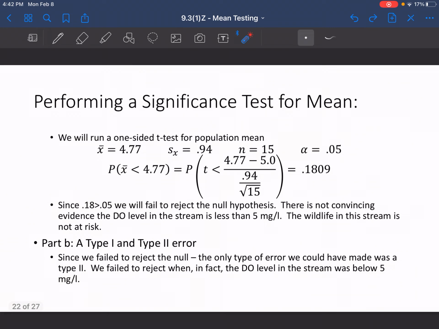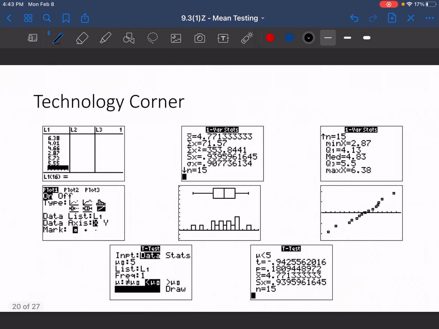So once we've gone over those two parts, we then need to perform the do portion of our four-step process, which is to find the test statistic and the p-value for this particular problem. And again, all we need to do is go to stat, arrow over to test, select t-test, and we've already entered all the data for our list 1 under stat edit.